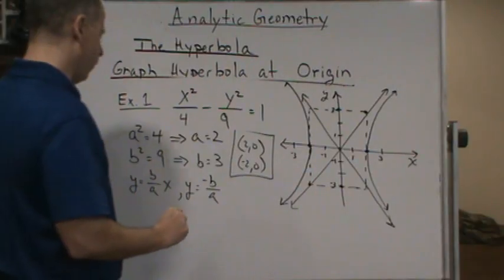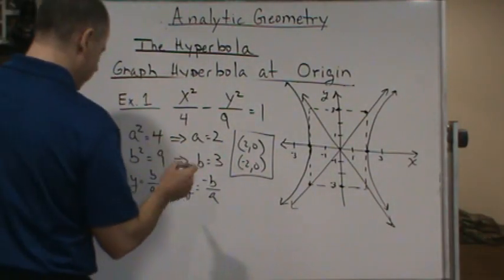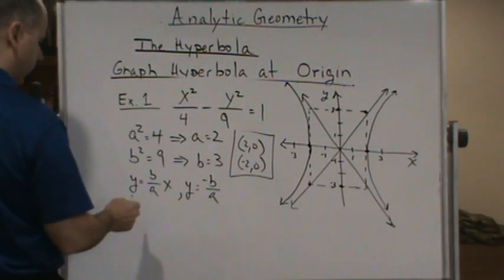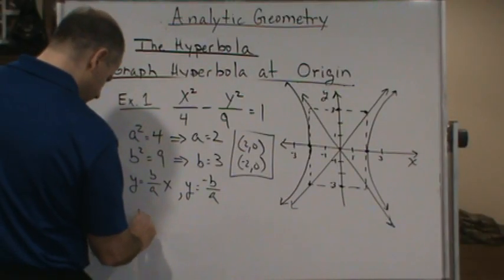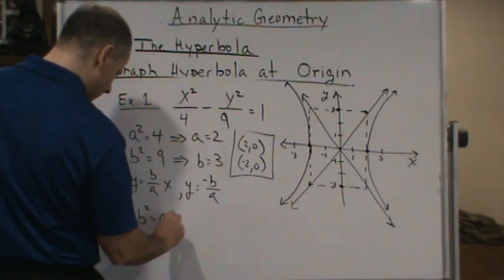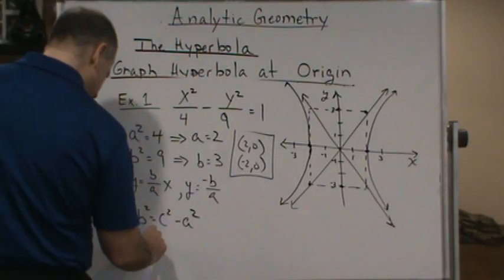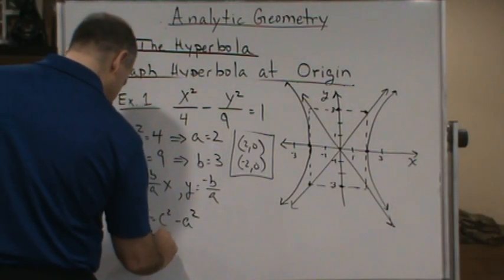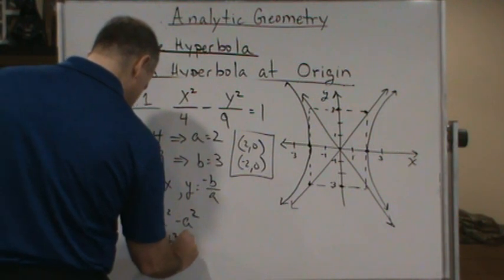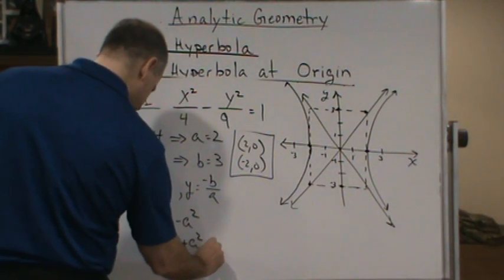The foci, well, the foci is at C. So let's find out what C is, right? So remember, B squared is C squared minus A squared, by definition. So that means C squared is B squared plus A squared.